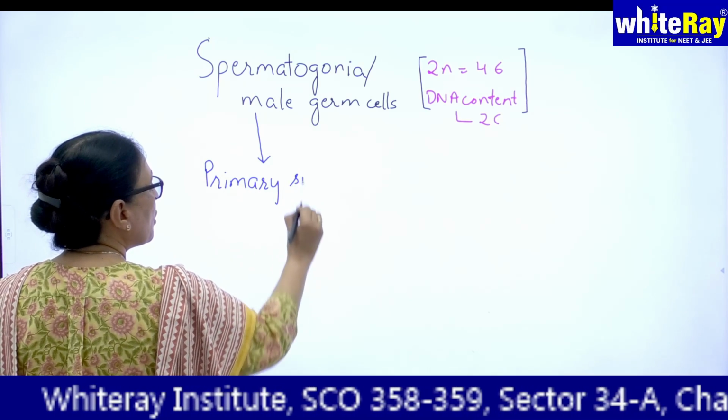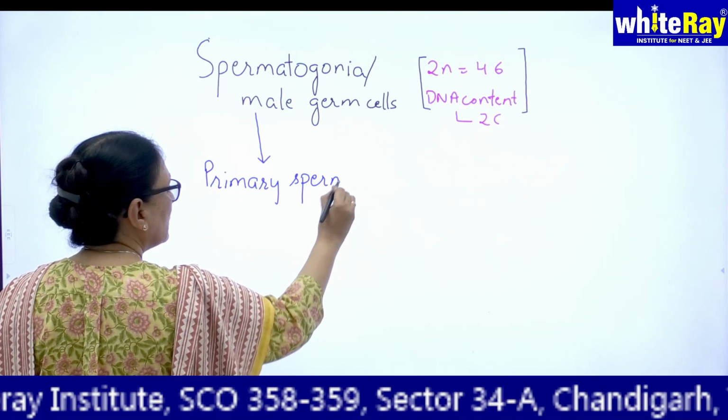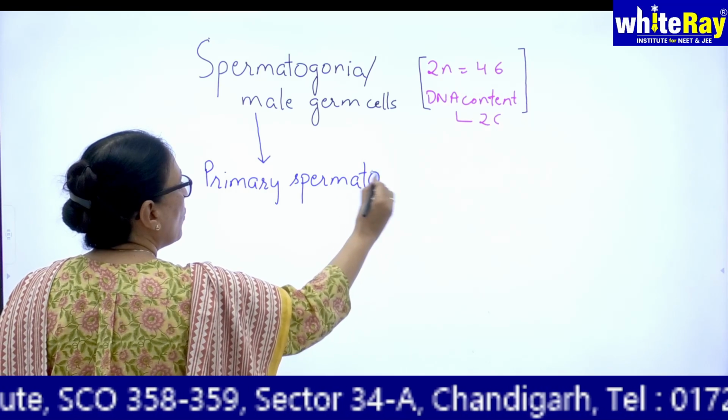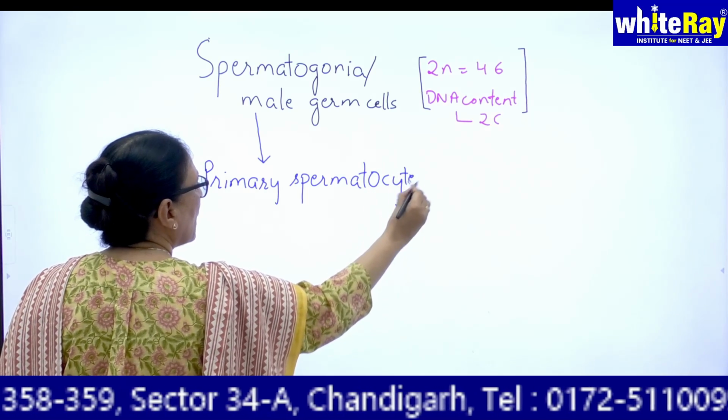They take nourishment from Sertoli cells. They now change to primary spermatocytes.